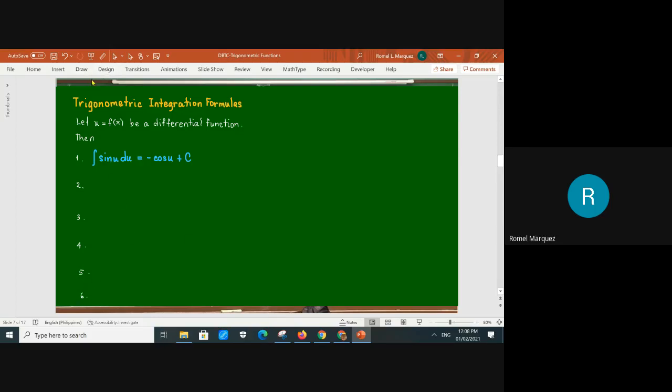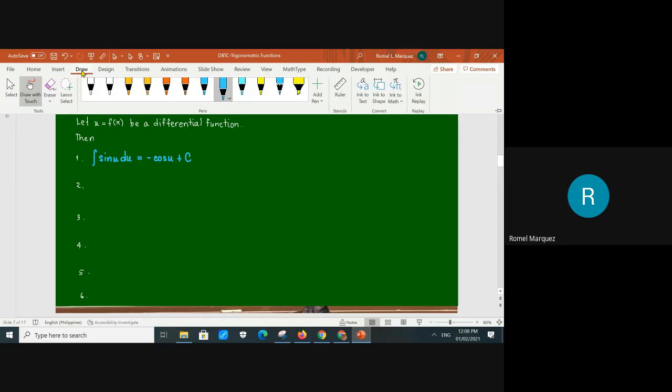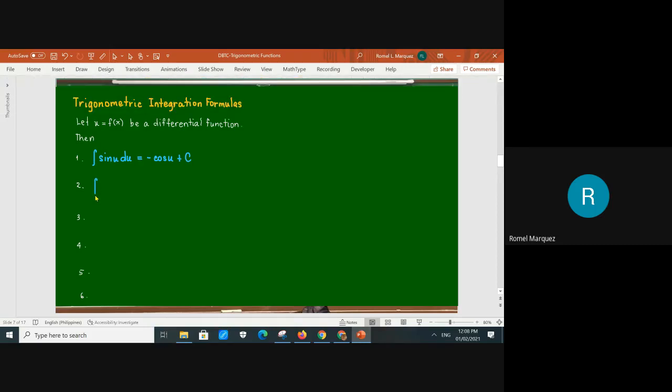For the second, the integral of cosine u du is equal to sine u plus c. Okay?